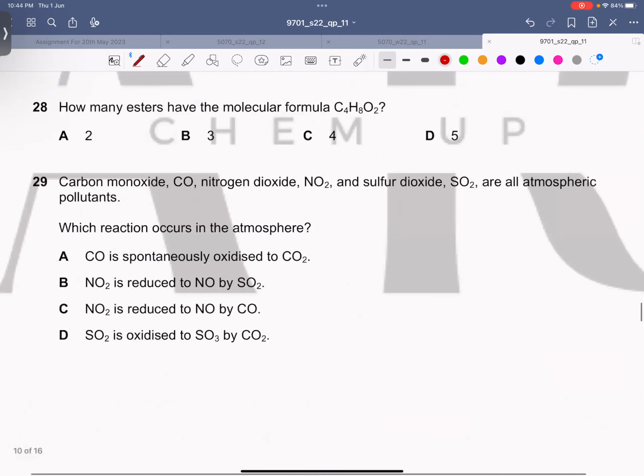Now question number 28. How many esters have the molecular formula of C4H8O2? Okay, so it's very easy. 1 carbon, 2, 3, 4. 1, 2, 3.